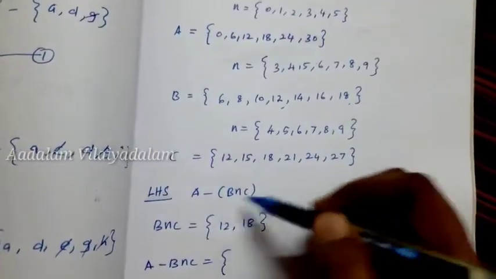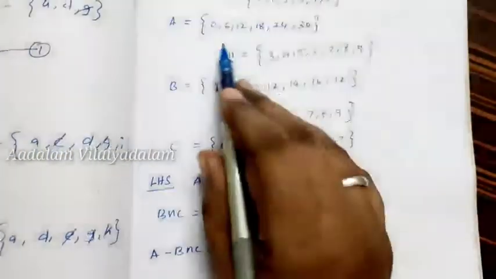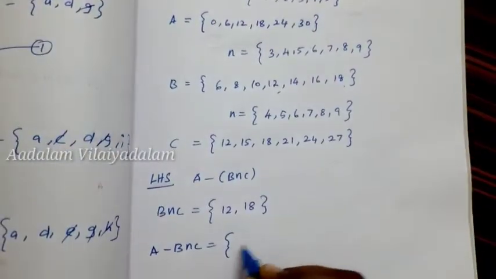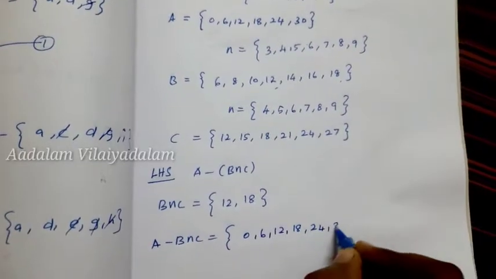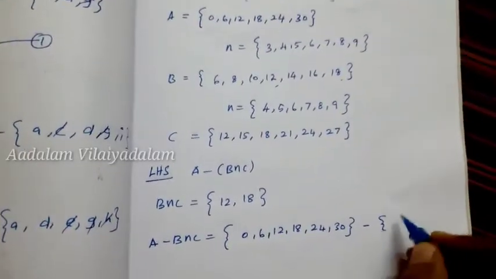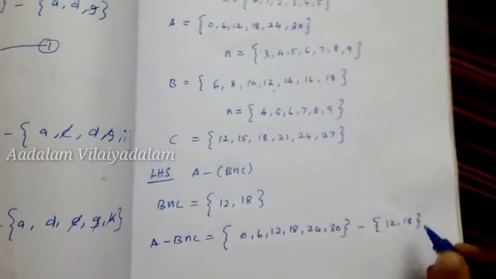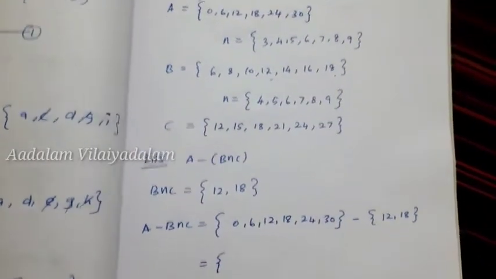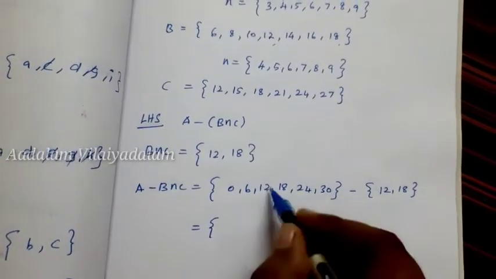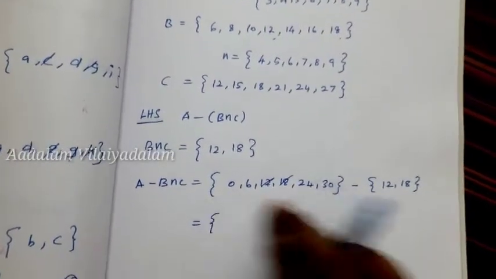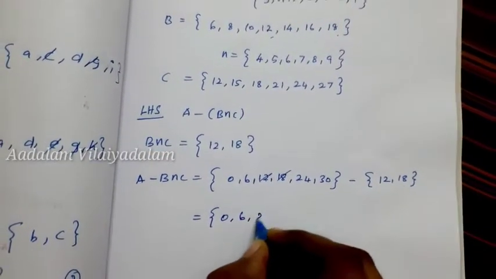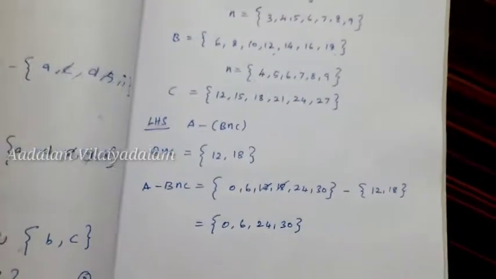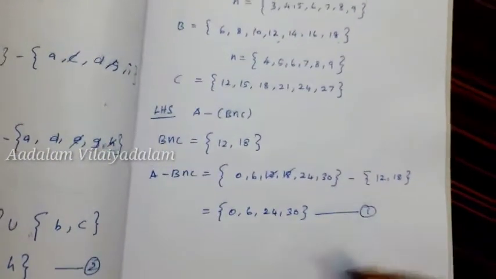That is, subtract the elements of B intersection C and remove the common elements. So let's write the set A: 0, 6, 12, 18, 24, 30 and subtract B intersection C: 12 and 18. Then 12 and 18 will be removed. Then the remaining values are the answer for the first set: 0, 6, 24 and 30. Take it as equation 1.